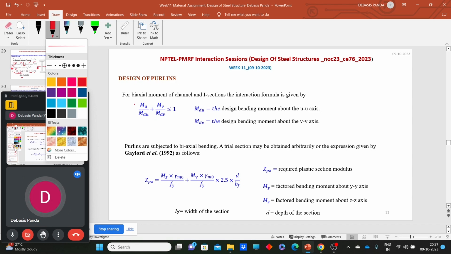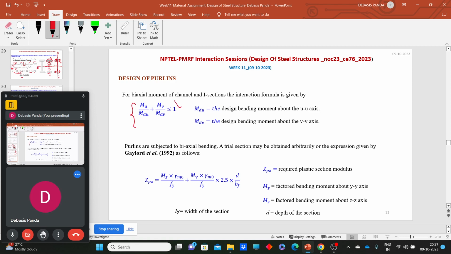What that interaction formula says is that for biaxial bending, we need to check that Mz divided by Mdz, where Mz is the maximum bending moment and Mdz is the design bending moment about the z axis, plus My by Mdy, should be less than or equal to 1. Okay, this check is important because the purlins are subjected to biaxial bending.